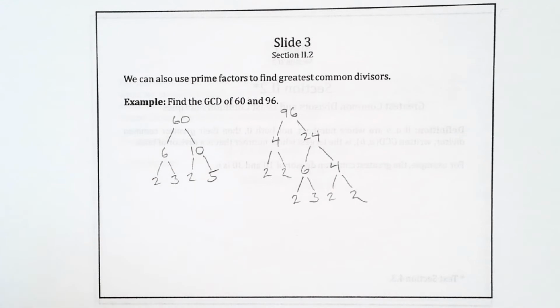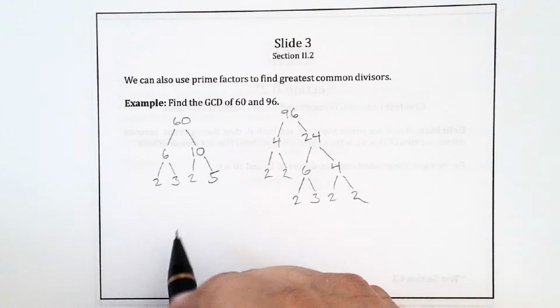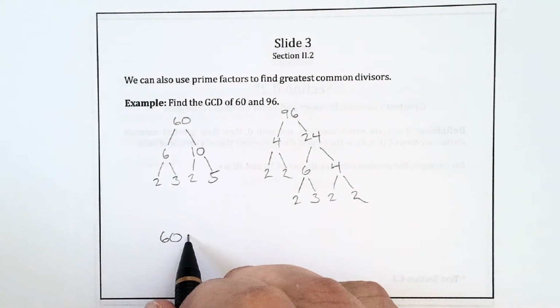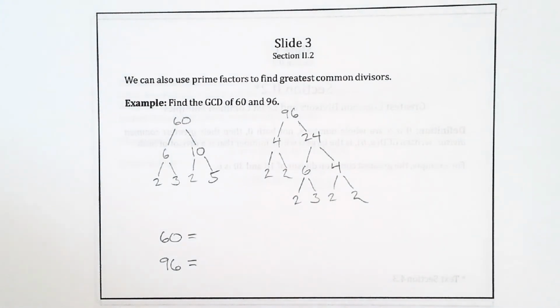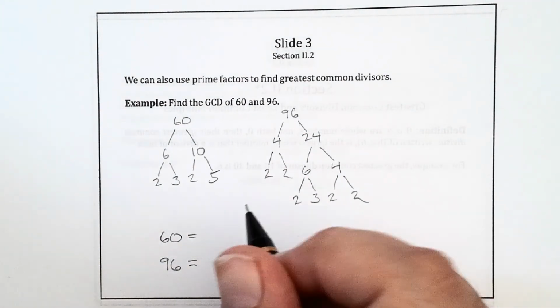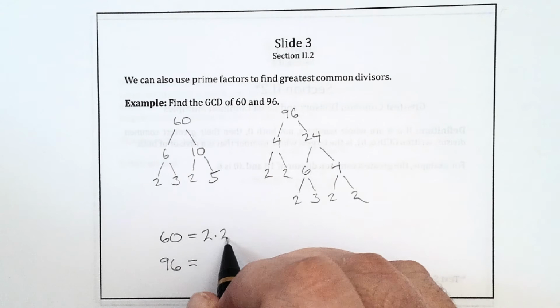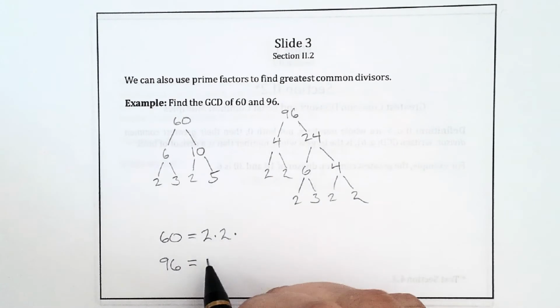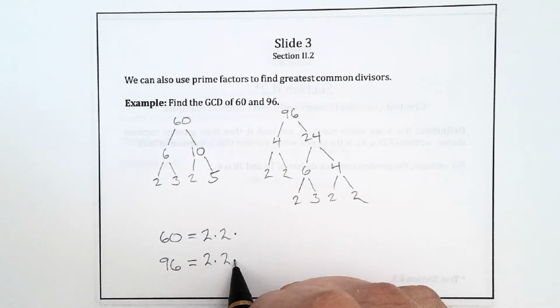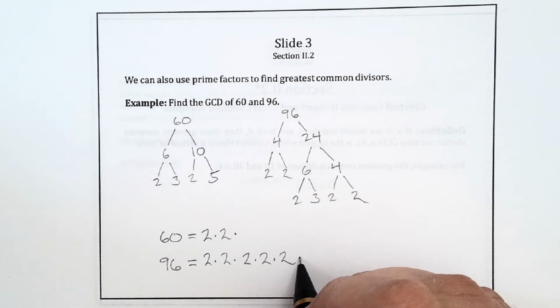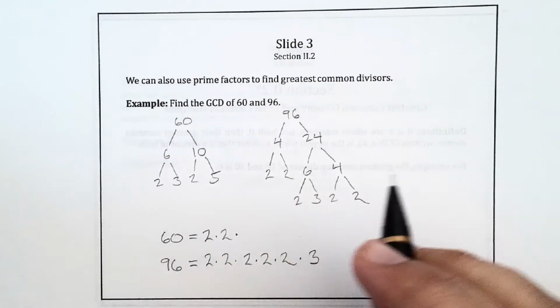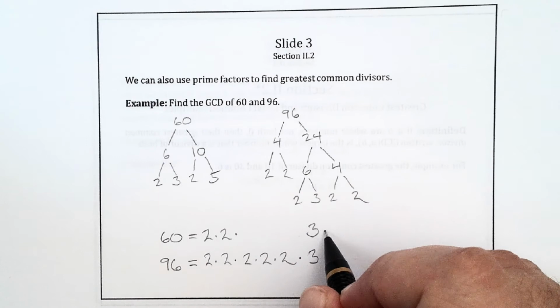Now here's what I'm going to do. I'm going to write the two numbers one above the other, and I'm going to line their prime factors up. So in 60 we have a pair of 2s. In 96 we have five 2s. 96 also has a 3. 60 has a 3 and also a 5.